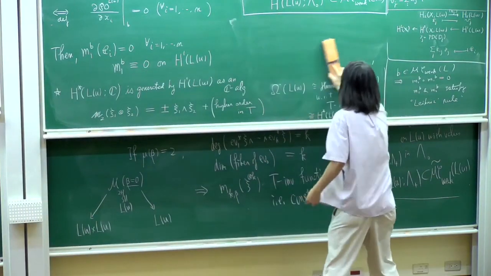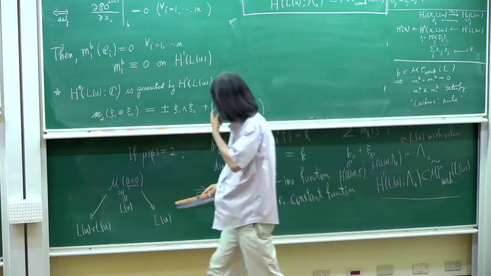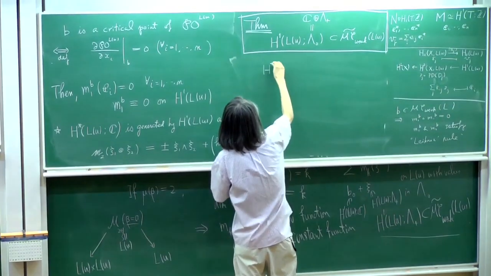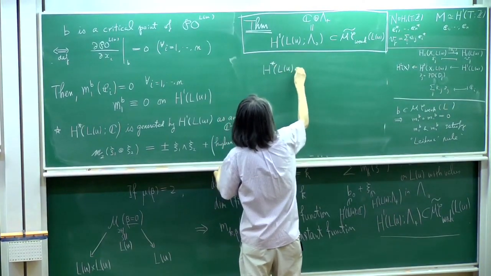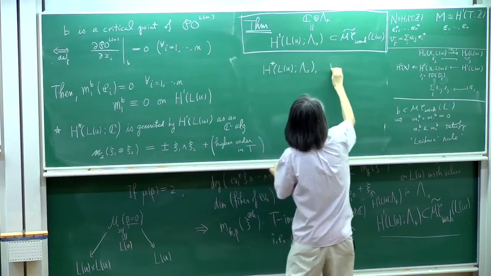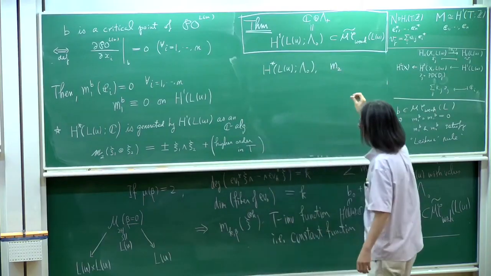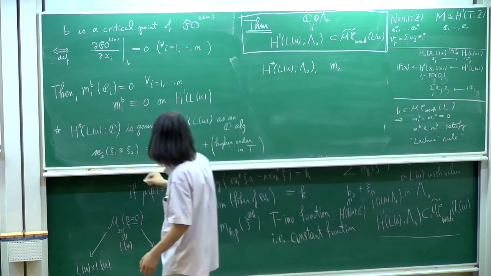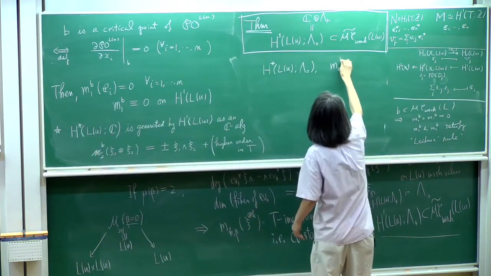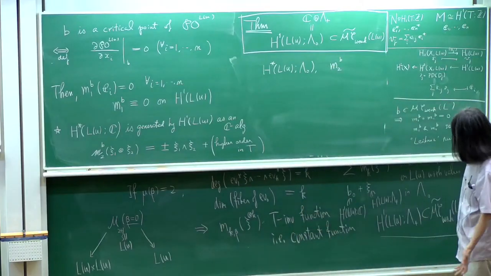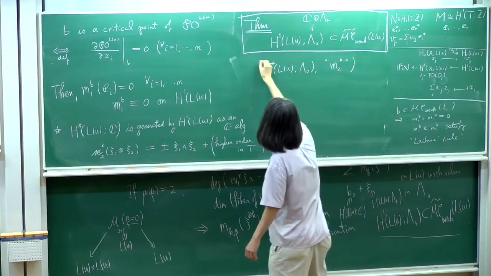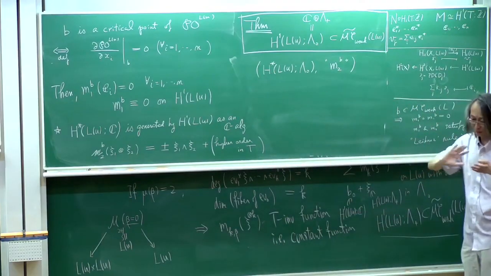Okay? So if you consider these m_2 things, so maybe I also need to put b here, but it doesn't really matter. So m_2^b here, and this one is not really an algebra product. I need to really change the sign.